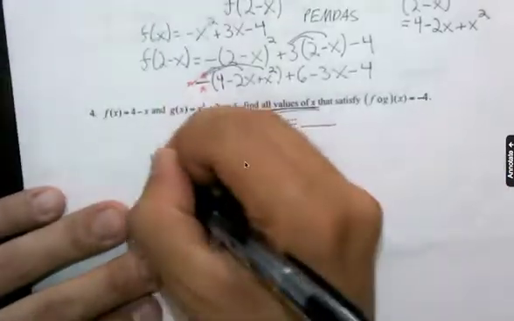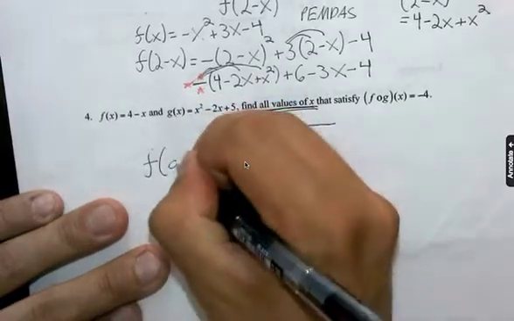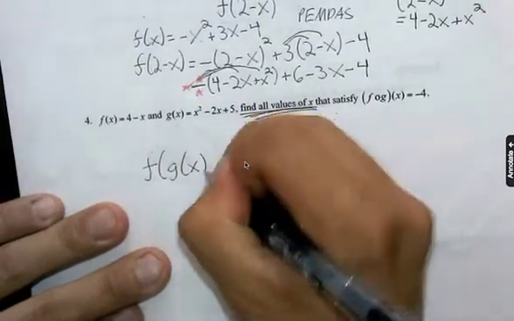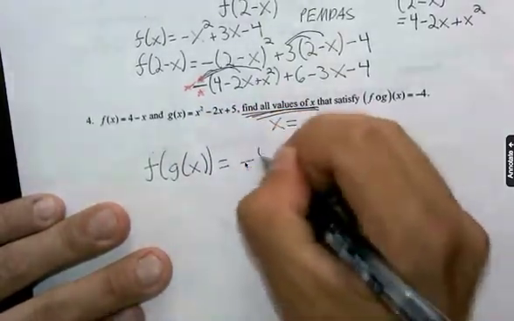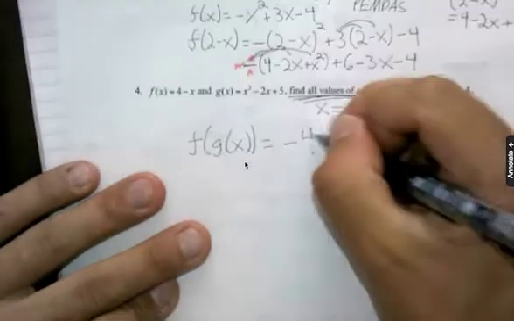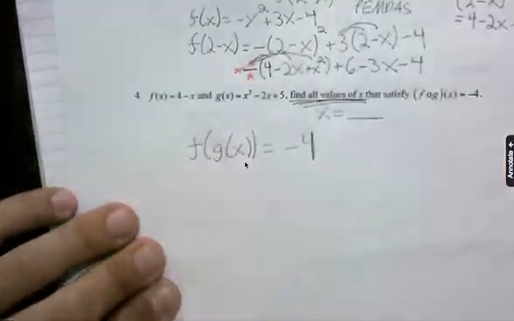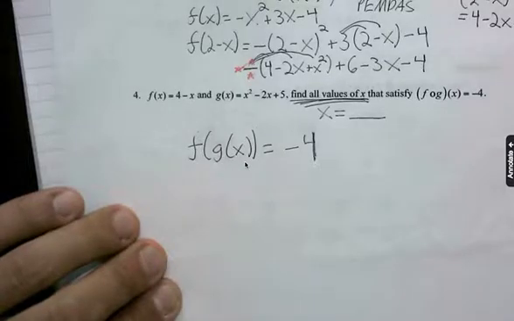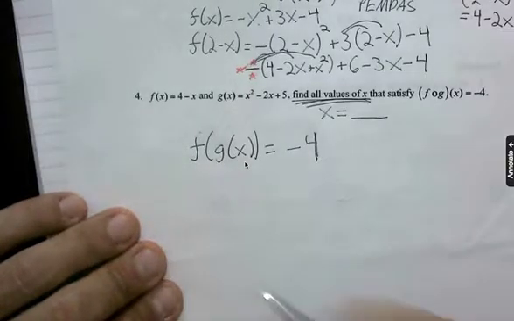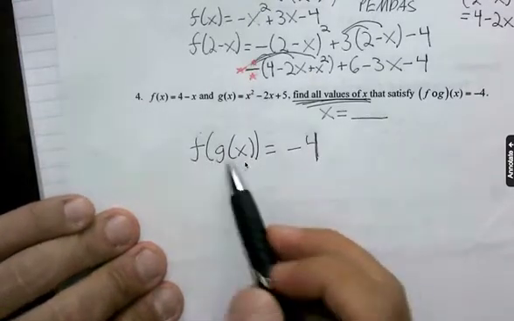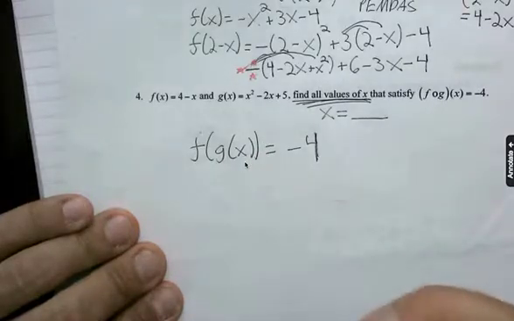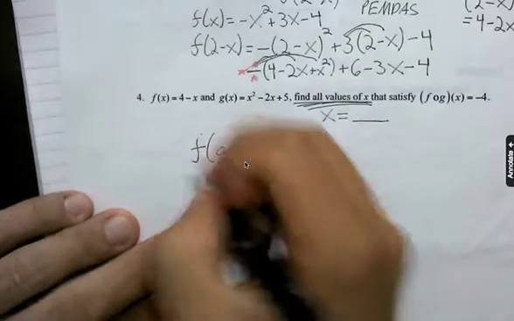So if I rewrite this, f of g of x equals negative 4. I think this is a good starting point if you get stuck with these types of problems, because at least you can visualize what's going where. So you know that g of x is x squared minus 2x plus 5.